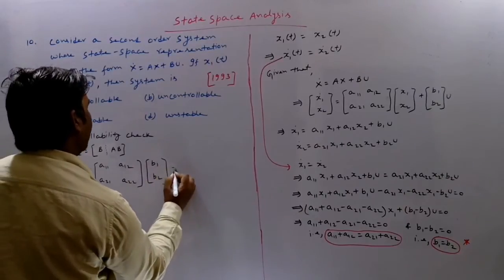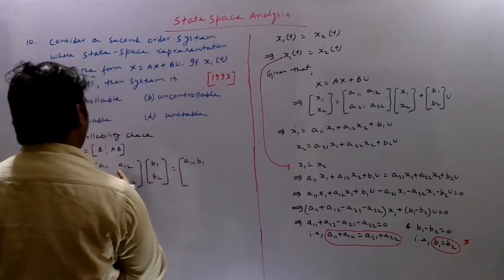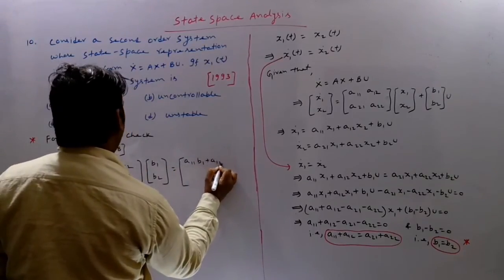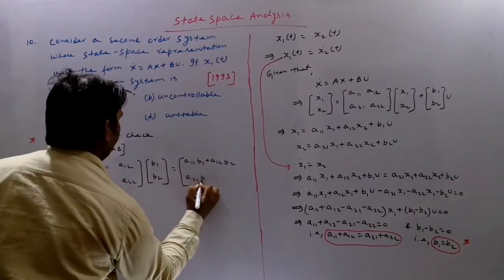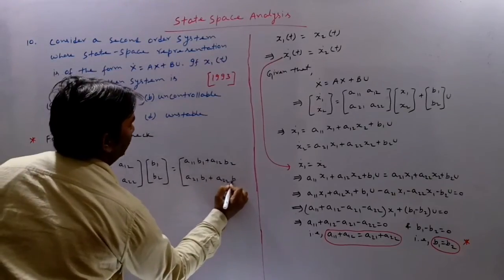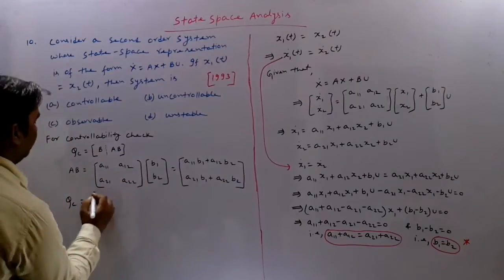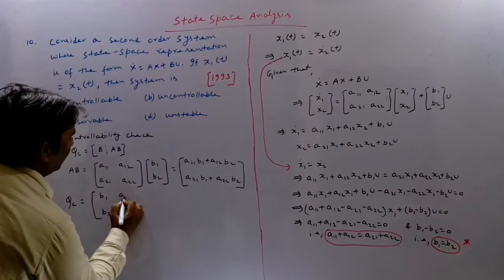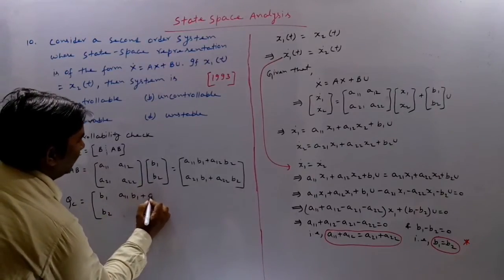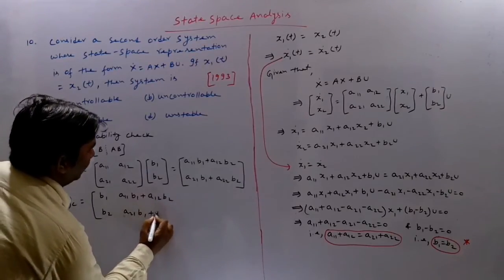So it will come like a11 b1 plus a12 b2, again a21 b1 plus a22 b2. Okay. Now QC is equal to, what is matrix B? Matrix B is b1 b2, so it is b1 b2 and then a11 b1 plus a12 b2, a21 b1 plus a22 b2.